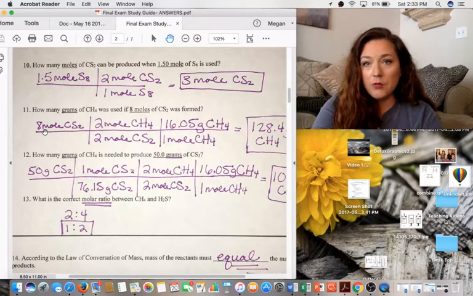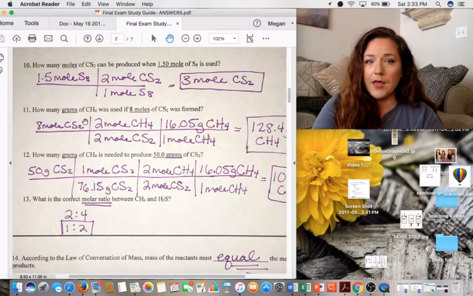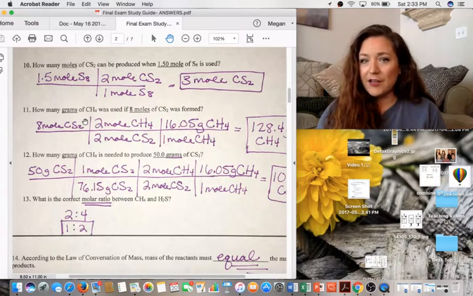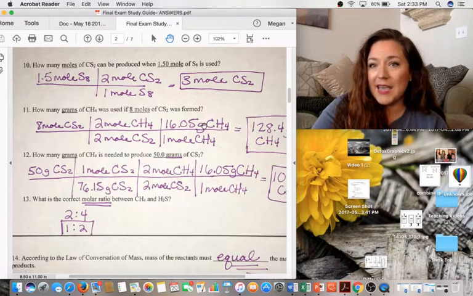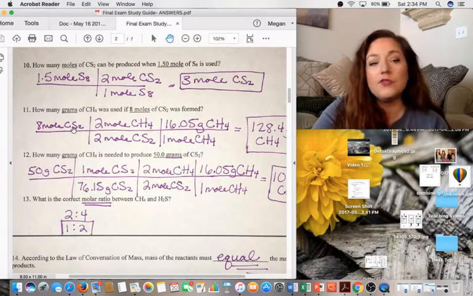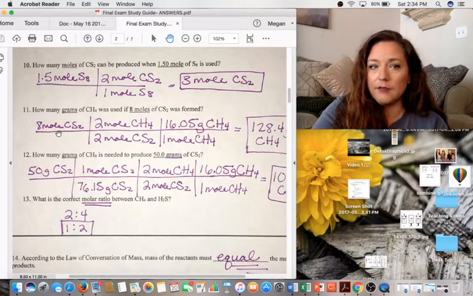So we start with 8 moles of CS2. That's not the grams I'm trying to find. I'm trying to find the grams of CH4. So I first have to take it from the moles of CS2 to the moles of CH4.